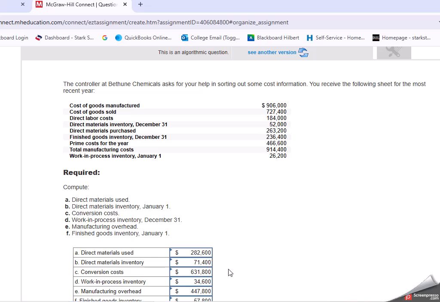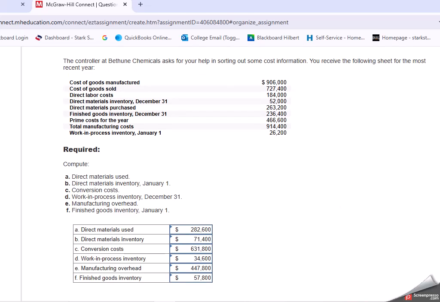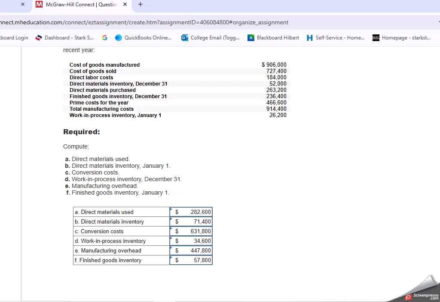Our conversion costs are all the costs necessary to convert raw materials into a finished good. So we know our direct labor costs and our direct material costs, and then we have our total manufacturing costs.